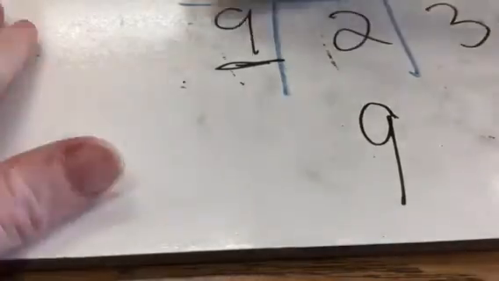Okay, number 2, write 2 related addition facts for 20 minus 13. So to start, we're going to actually solve 20 minus 13, because if I'm doing related facts, I need to know what all 3 numbers are.